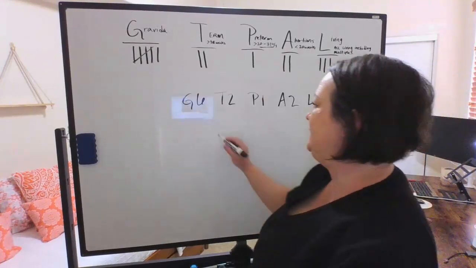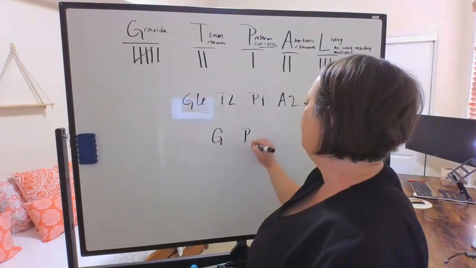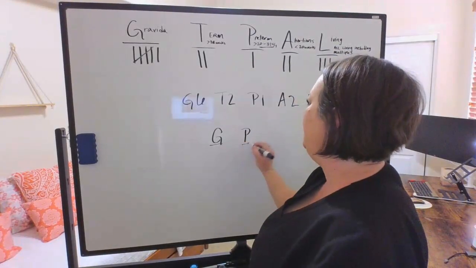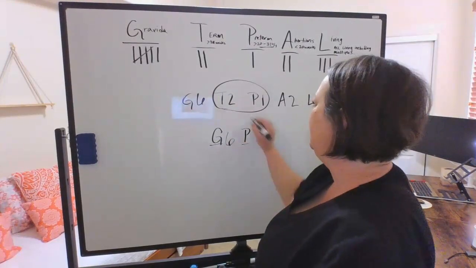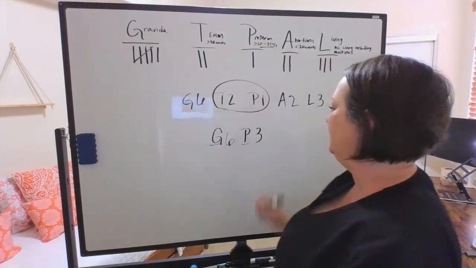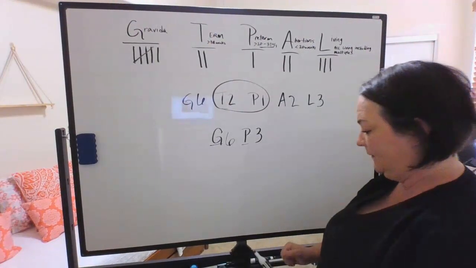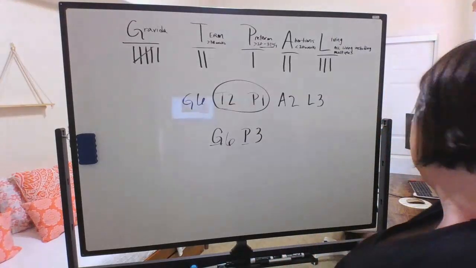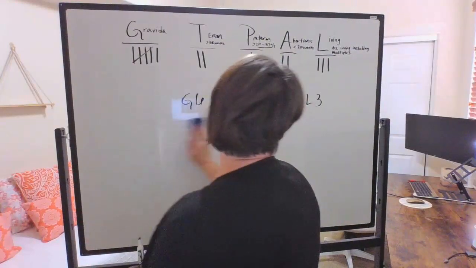And if we were to put that into G's and P's, gravida para, she would be a G6, P3. Let's do another example. You can stop the video if you think you're good, but I'll keep going for some examples here.